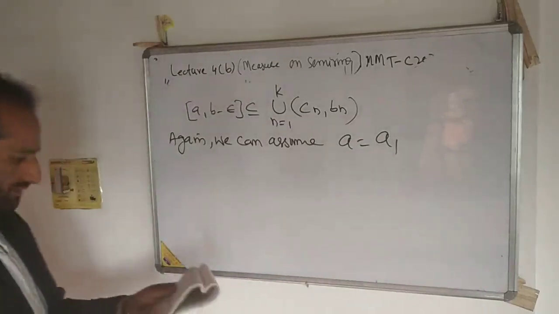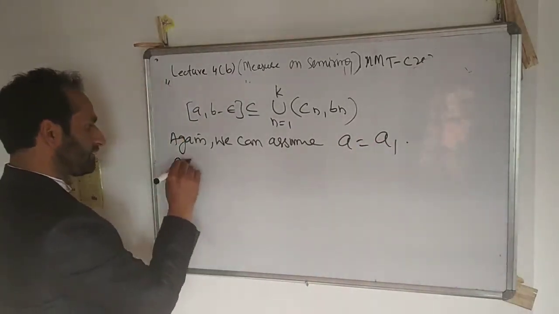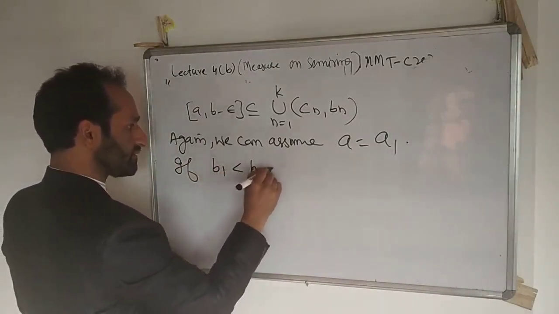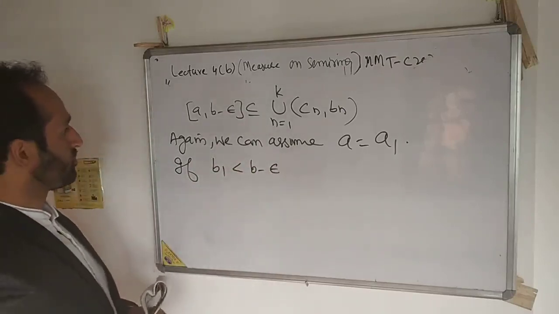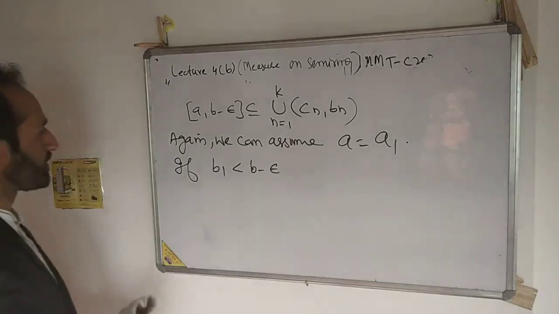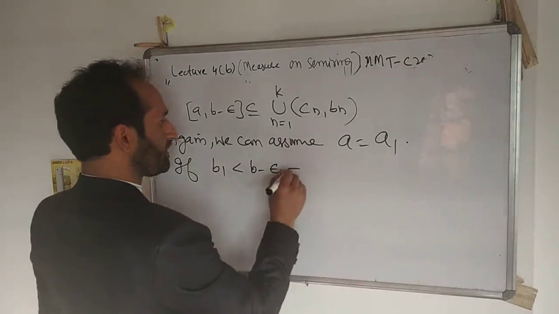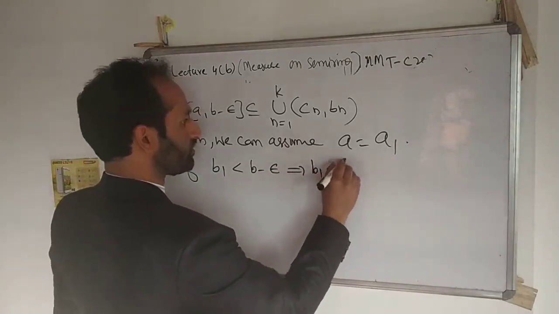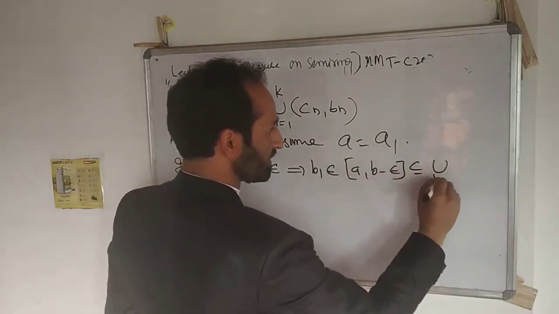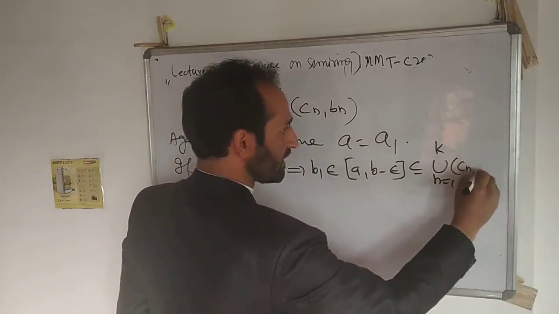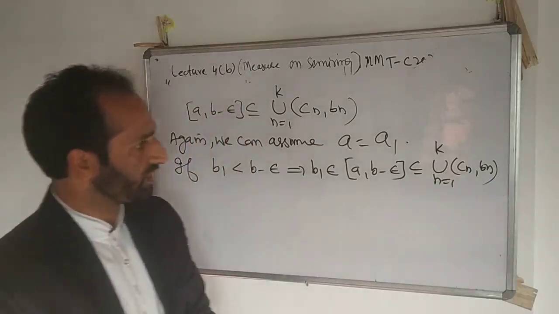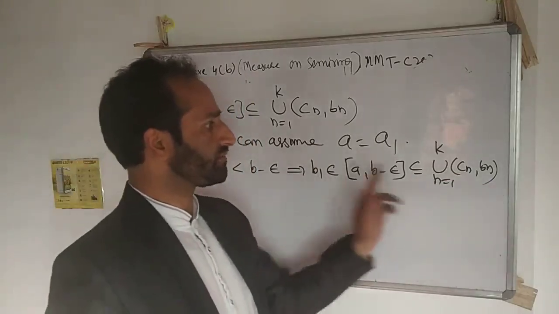So if this B1 is less than B minus epsilon, and also this B1 is greater or equal to A, that implies this B1 belongs to A comma B minus epsilon, which is a subset of the union n runs from 1 to K of C and B. So it means that this B1 belongs to one of the open intervals.